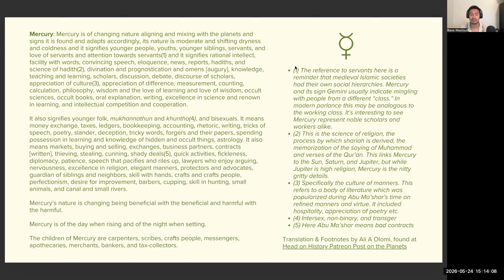But there's also divination and prognostication and omens, so augury. It's knowledge, teaching, and learning. It's scholars, discussion, debate. It's the discourse of scholars. It is appreciation of culture, but specifically manners, adab. So having refined manners of hospitality, appreciation of poetry, being kind towards strangers, being kind towards travelers, things like that.